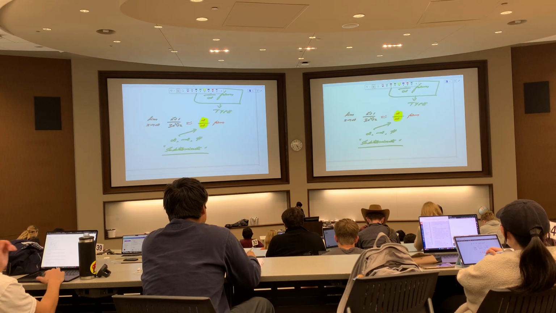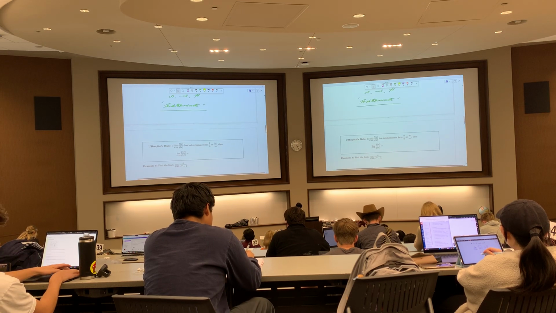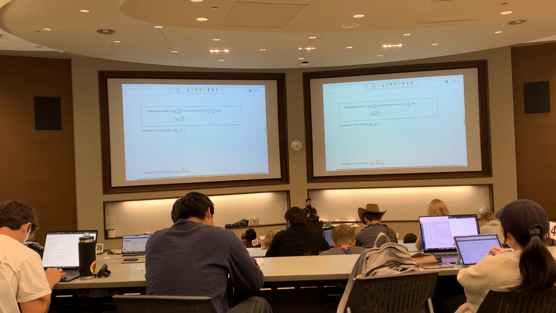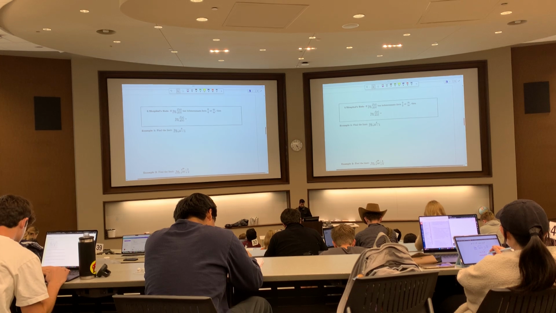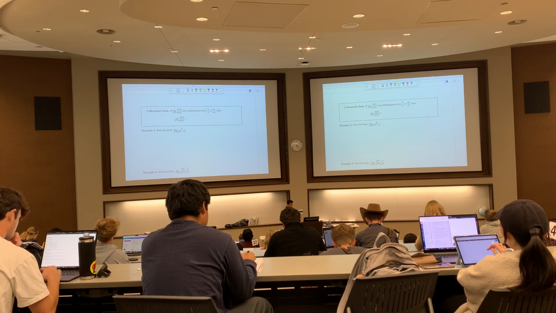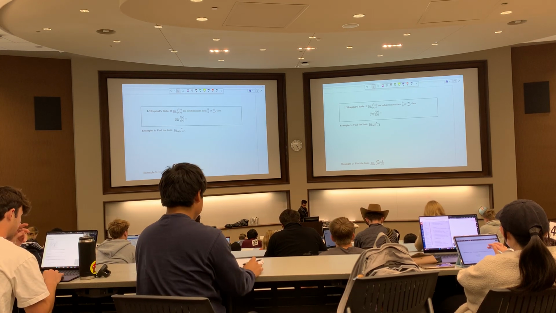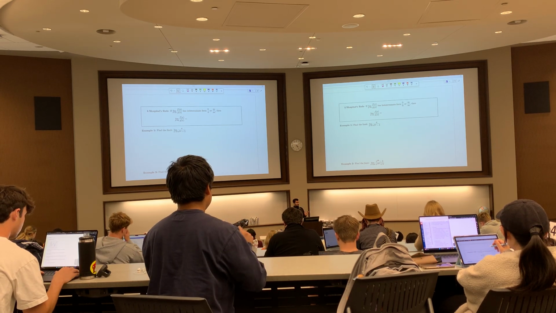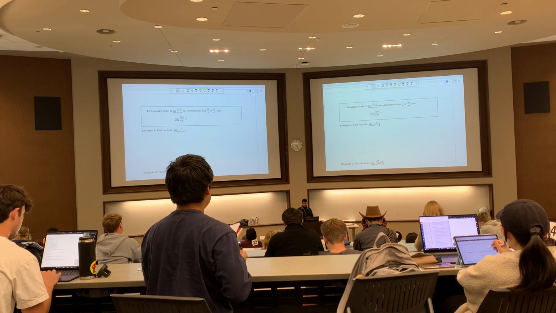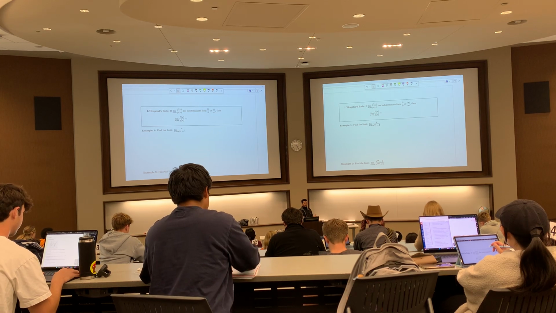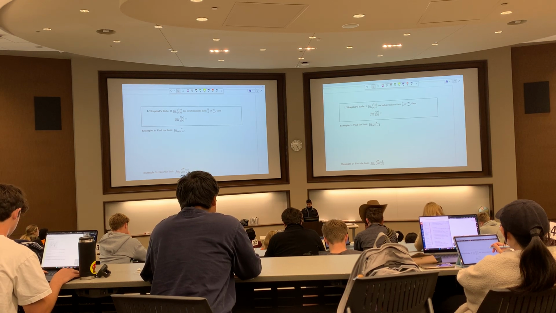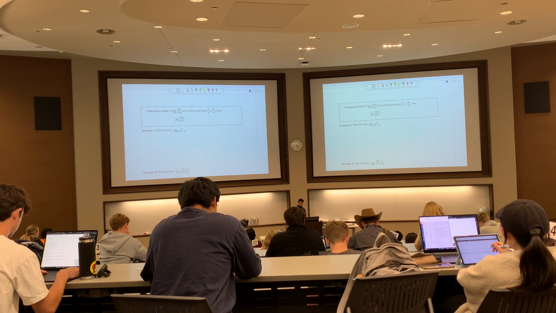Now, to solve problems where we can recognize indeterminate forms, we're going to use a new technique called L'Hopital's rule. This is named after a French mathematician, L'Hopital, but the interesting story is that L'Hopital actually did not invent this. There's a Swiss mathematician, his name is Bernoulli.